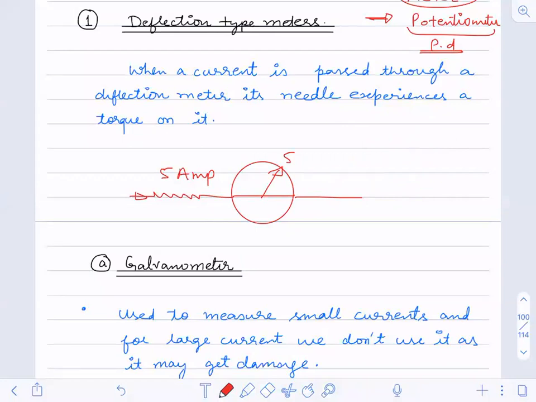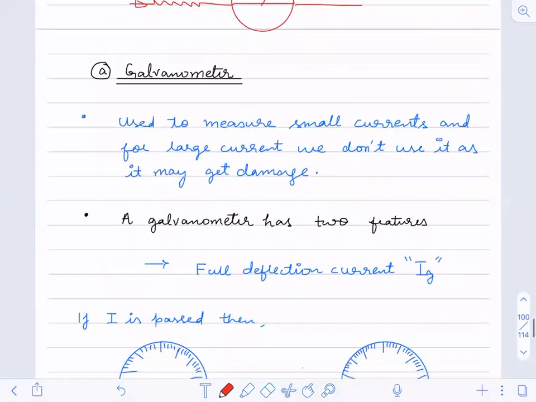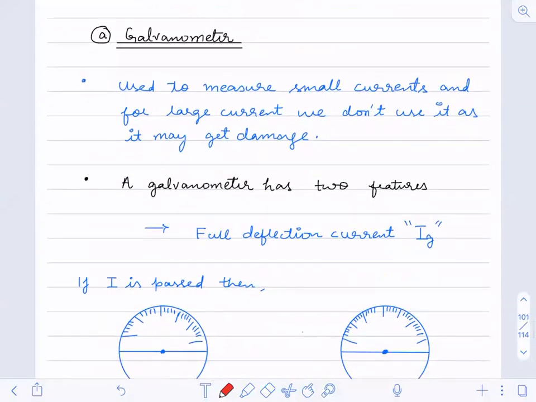So this is a deflection type of meter. The needle is getting deflected, and that's why we call them deflection type meters. Now the first thing that we have to see is the galvanometer.